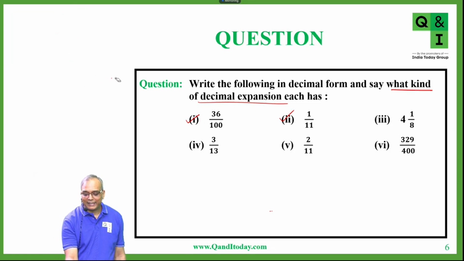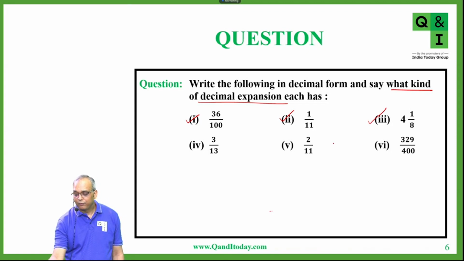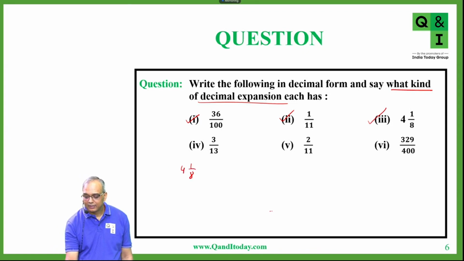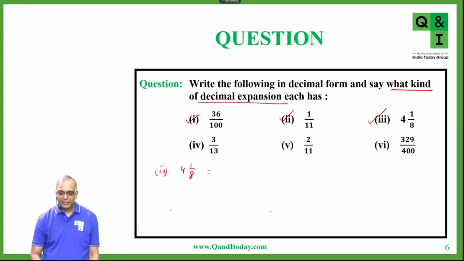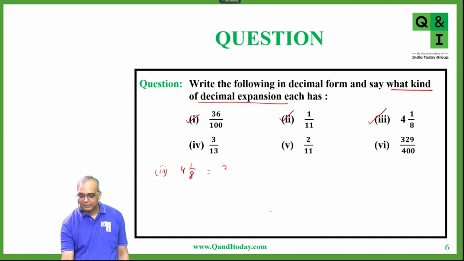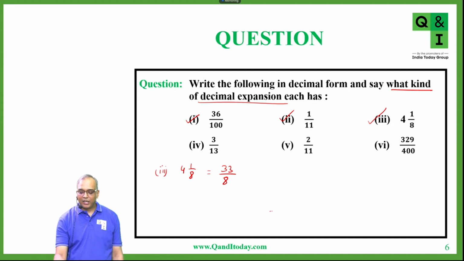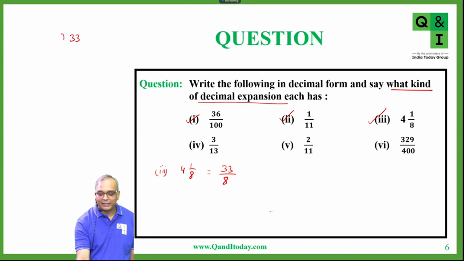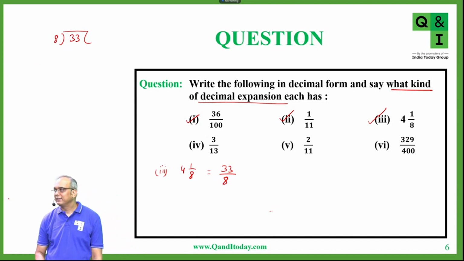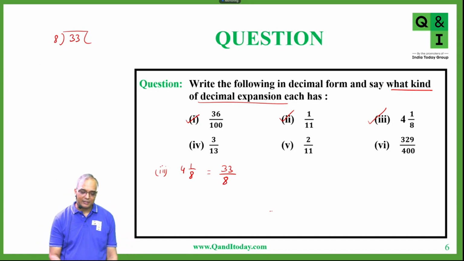Can you tell me the answer for the third question? 4 1 by 8. First, convert this mixed fraction into an improper fraction. So this is 33 over 8. 8 4s are 32 plus 1, 33 over 8. Now we will divide 33 by 8 and get the terminating decimal here.